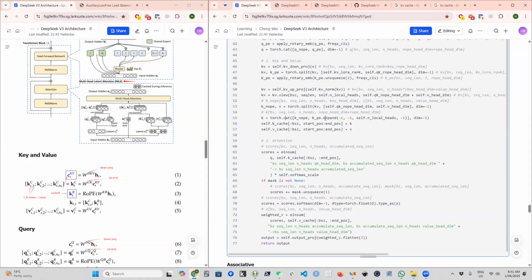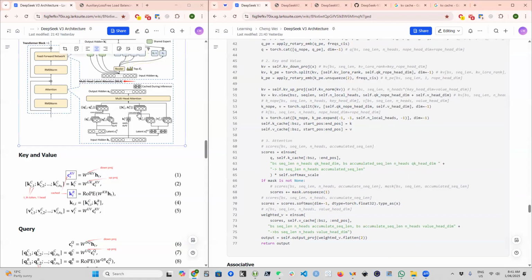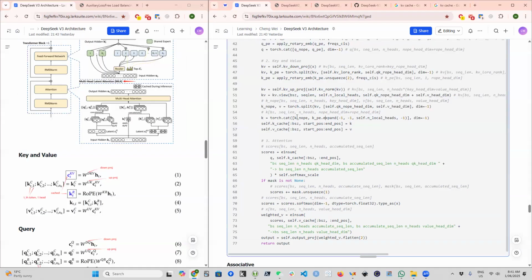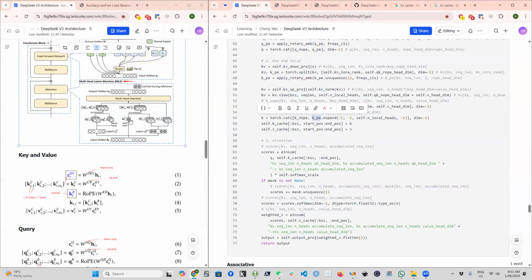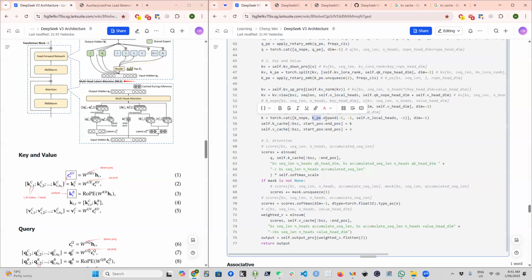Then we concat the key part with the position encoding part and the non-position encoding part. Before we concat, the positional encoding part is replicated, expanded to be multi-head.